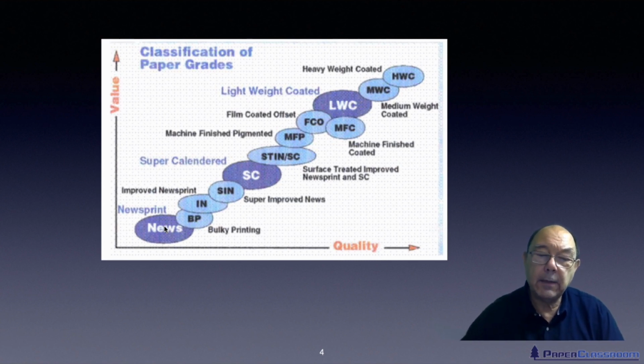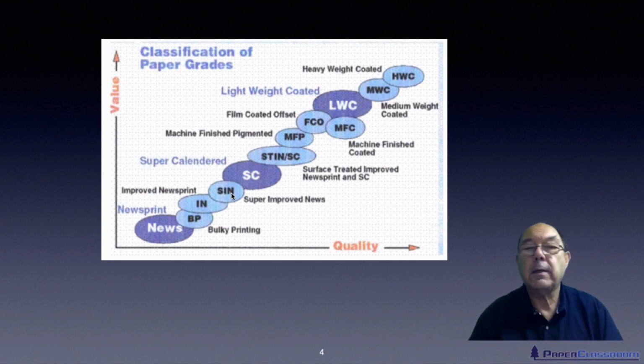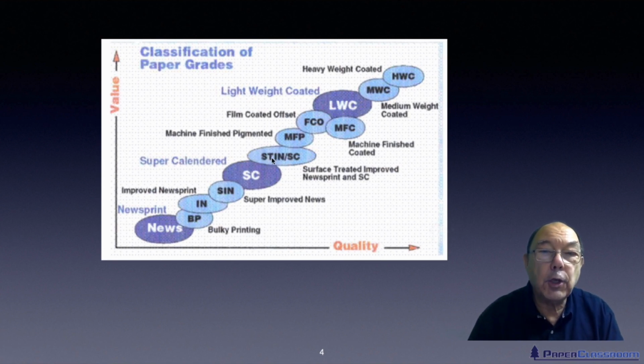As they wanted an improvement in the quality of the paper so they could get coloured newspapers and improvements in definition in photographs, then along came improved newsprint, which was calendared even more, then super improved newsprint, with an even smoother surface. And then finally, this STIN, surface treated improved newsprint. This is where they actually put a size press on and size press the surface.